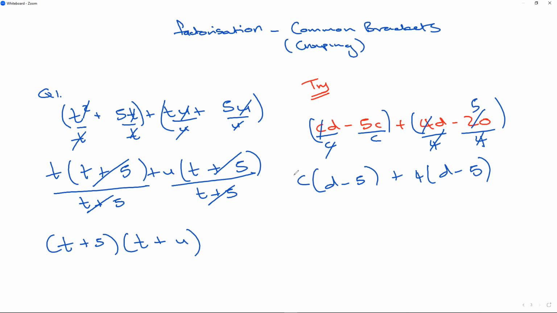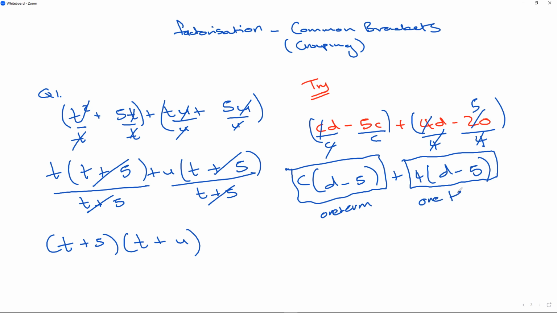Now, if you look at the left-hand side, that's one term on its own. And the right-hand side, that is also just one term on its own, with a common bracket, D minus 5.